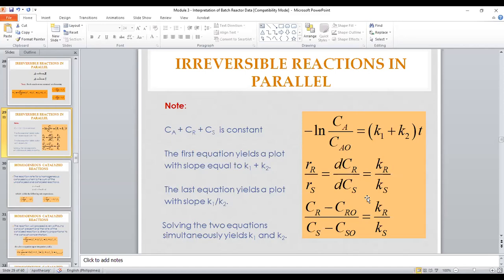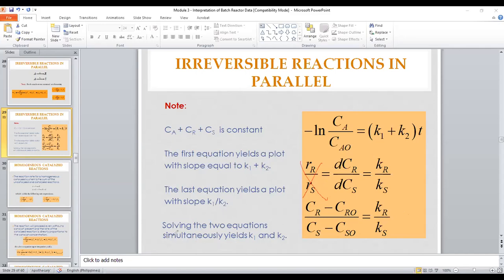So if you're going to deal with the DE, taking out of the picture the R and the S, let's say, for example, you take this out and you're going to only deal with these two, and you process the differential equation and appropriately write the limits of your integration, then you will have C sub R minus C sub RO from the integral of this, all over C sub S minus C sub SO coming from the integral of this, being equal to this also, which could also be equated to K sub 1 over K sub 2.